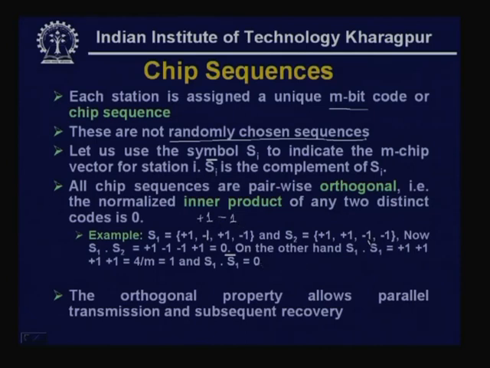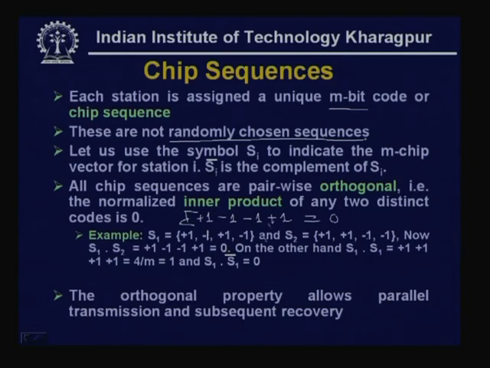Then -1 with +1, you get -1, then -1 and -1, you get +1. If you add them, this is the inner product. If you take the summation of these, you will get 0. That means if you choose any two distinct codes, it will be 0. That means S1 into S2 is 0, S1 into S3 is 0, S1 into S4 is 0.